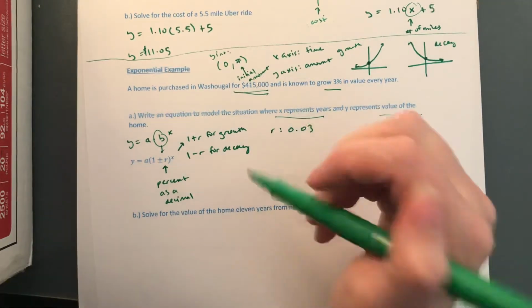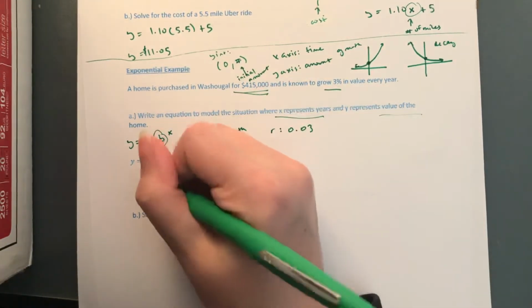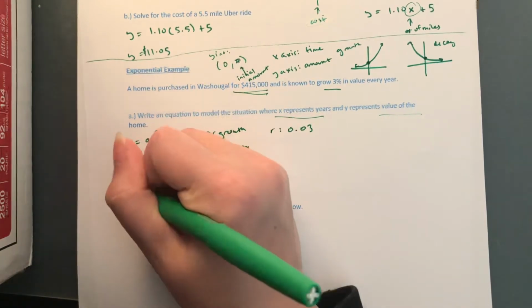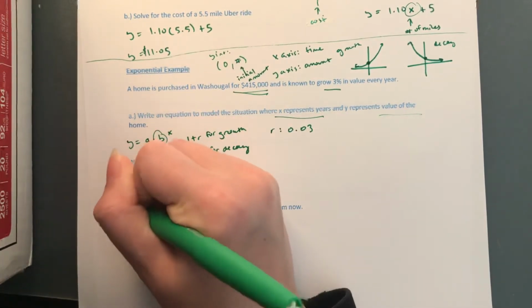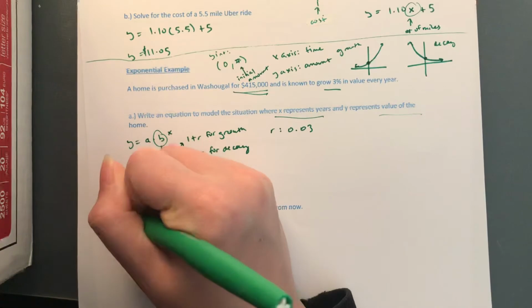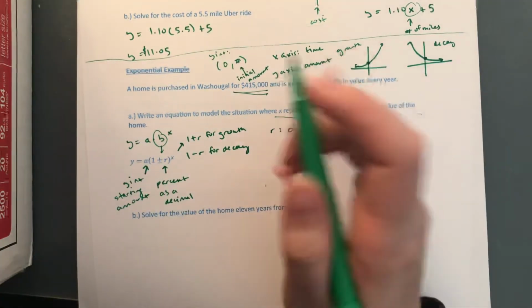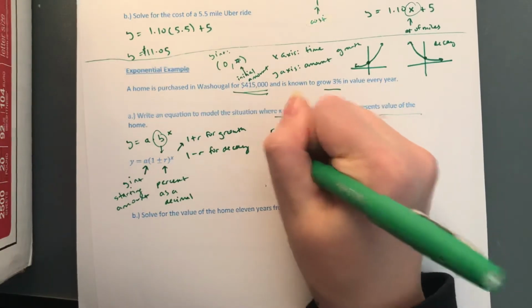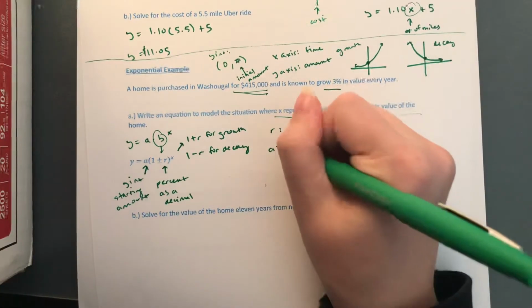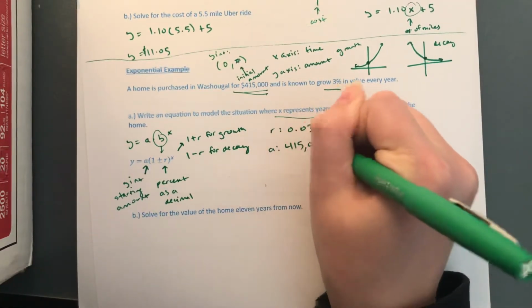So to write our equation, we also need the a value. And remember, your a value is your y-intercept, which is the same thing as your starting amount. So your a value is $415,000.